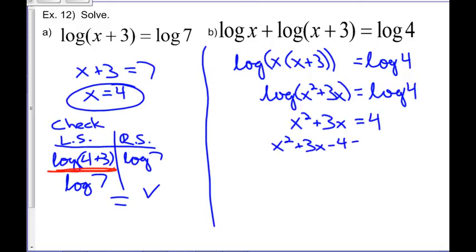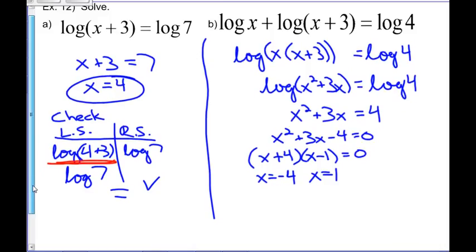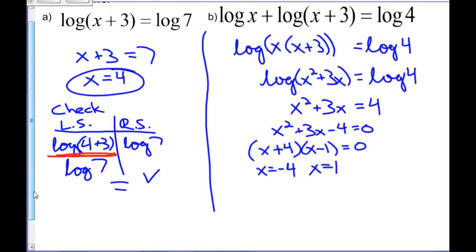We make one side 0. We factor. And we get solutions of x equals negative 4 and x equals 1. We should just consider these as candidates for solutions at this point, because we absolutely need to check them. So let's check x equals negative 4.